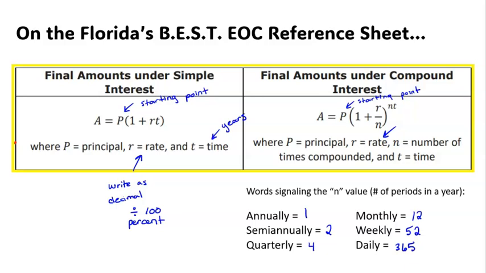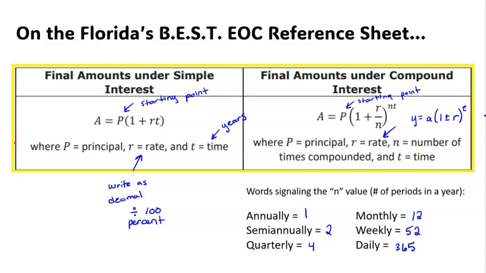So this might be something you want to add to your reference sheet just when it comes to exponential functions in general. So with this one, we also have exponential functions where it's y equals, and then it's often used as an a, and then we have 1 plus or minus, and then the rate, and then we have the time up here in the corner as our exponent.